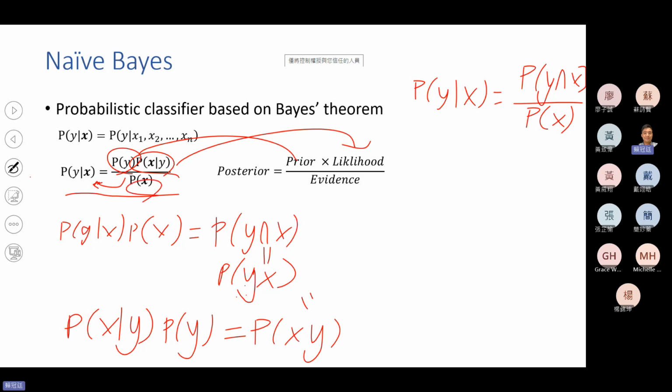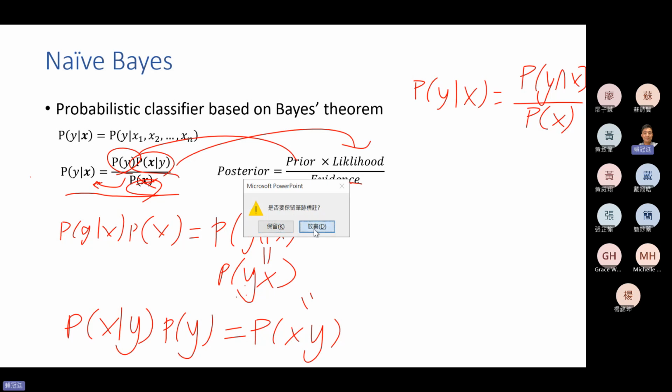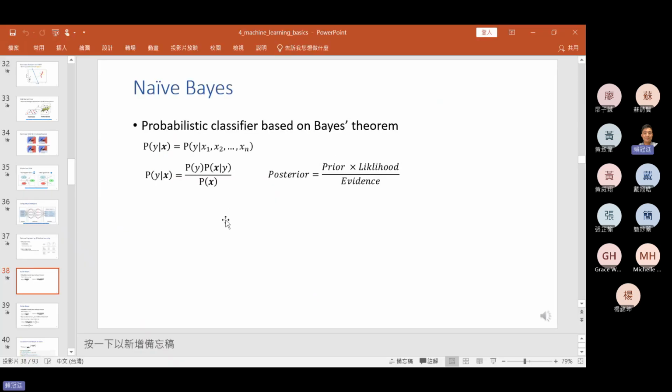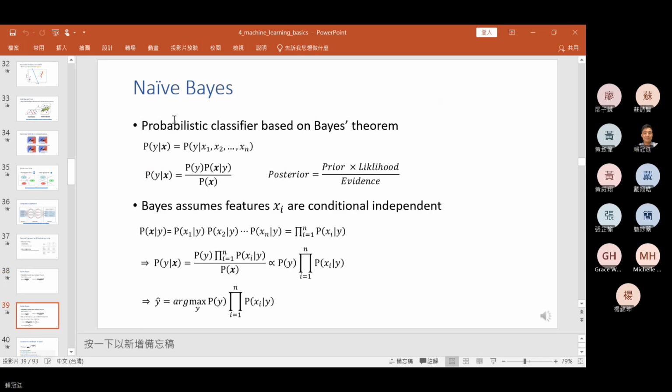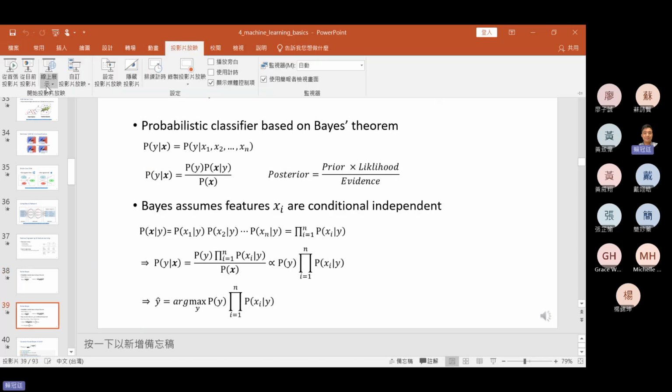And P of X is called the evidence, but usually we can omit it because this number is the same for all classes; it is about the input data. So when we calculate probability, we can omit this number.